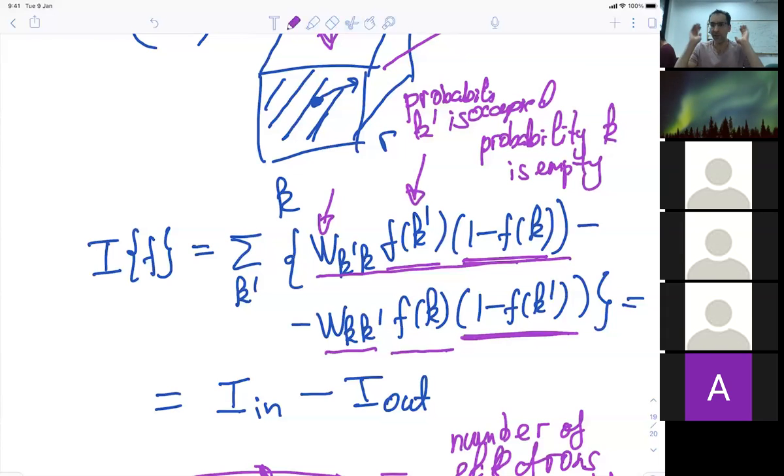Of course, I'm writing the most simple version of this story. There are enrichments and complications. You can account for spin, and then the states would be spinful. But in the simplest possible way, this is the structure of the collision integral between electrons and the static disorder.